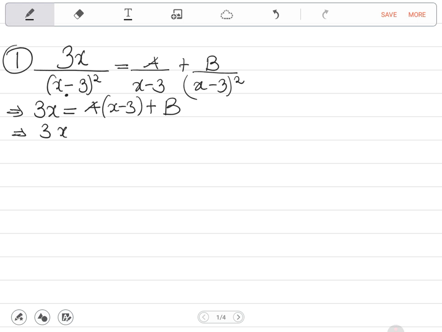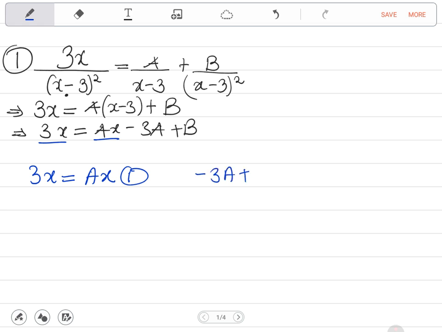Get 3x equal to ax minus 3a plus b. Now here, what we're going to do is equate the parts. So 3x has got x, so equate together with that one. Then can you see any constant here? No, meaning the constant is 0. So negative 3a plus b should equal 0, because we don't have a constant on the left side. We have a equal to 3.